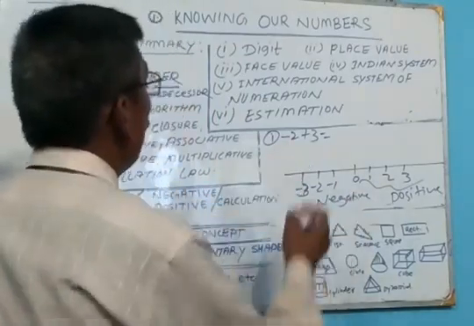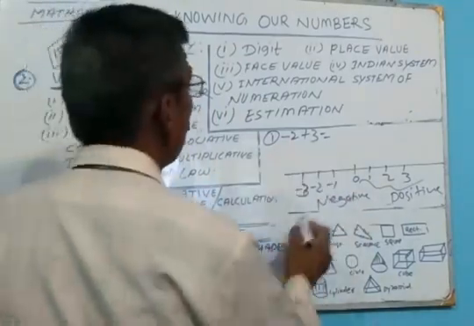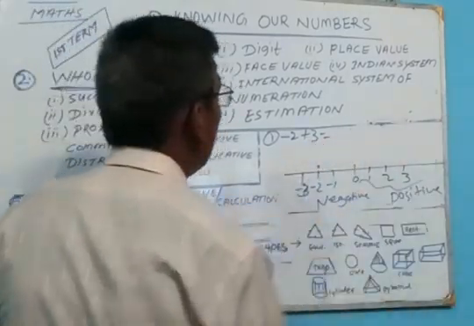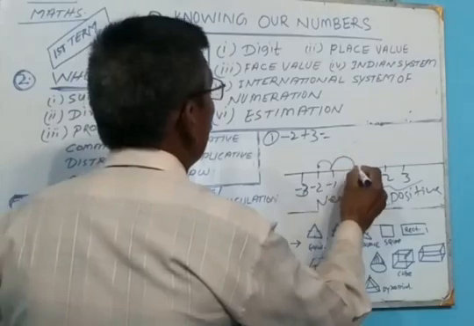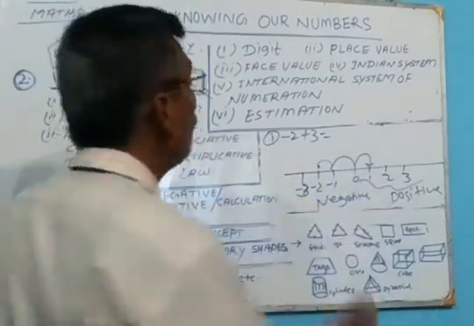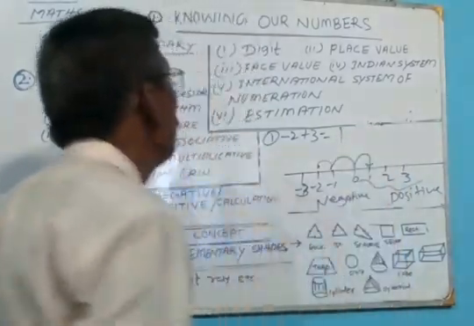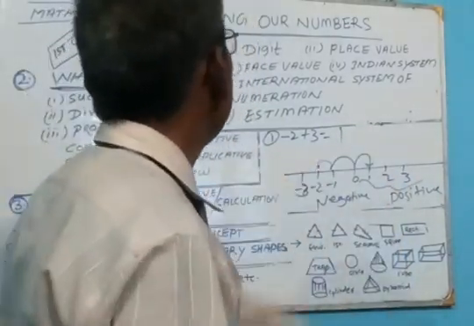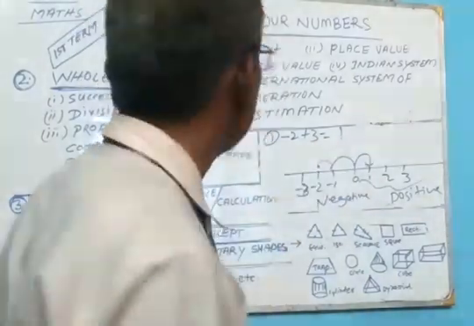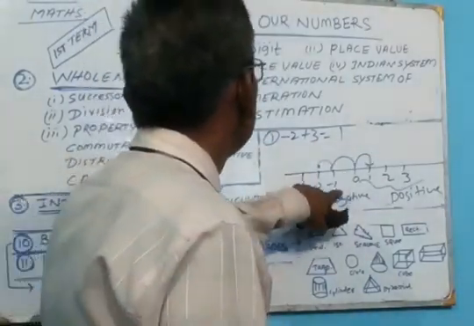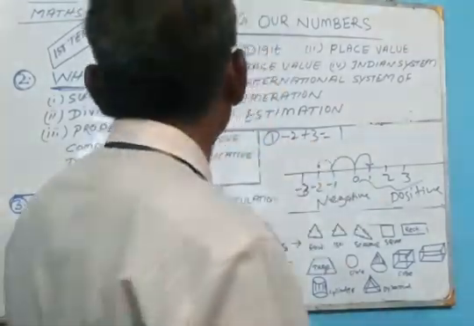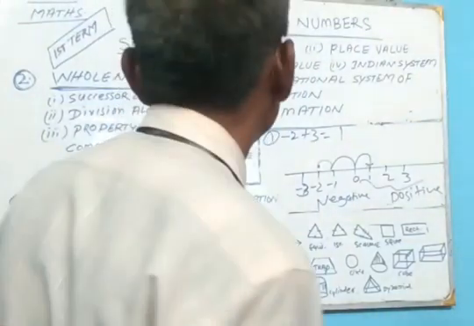If we take the point -2 here and go 3 points next, 1, 2 and 3, we get the result 1. So we can say that 1 is the final result of -2 plus 3. So this number line helps in calculation under the integers.